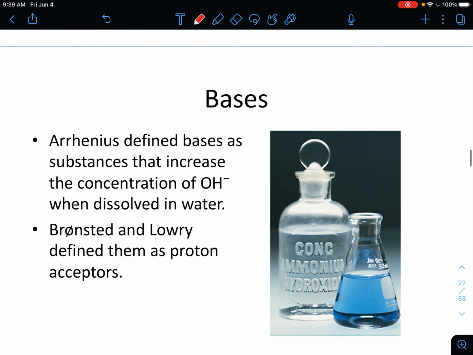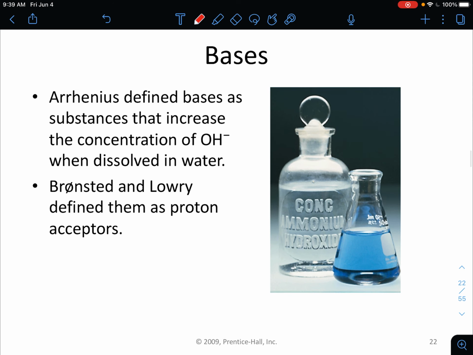So if we're going to talk about acids, then we definitely want to talk about bases as well. And same start here. We've got an Arrhenius definition that's more specific, and a Bronsted-Lowry definition that's a lot broader. So bases, according to Arrhenius, increase the concentration of OH- when dissolved in water.